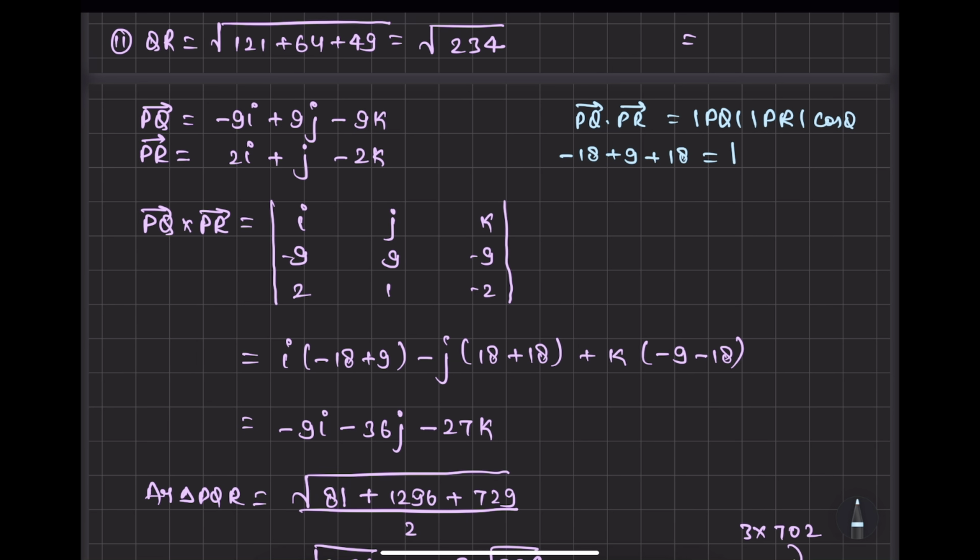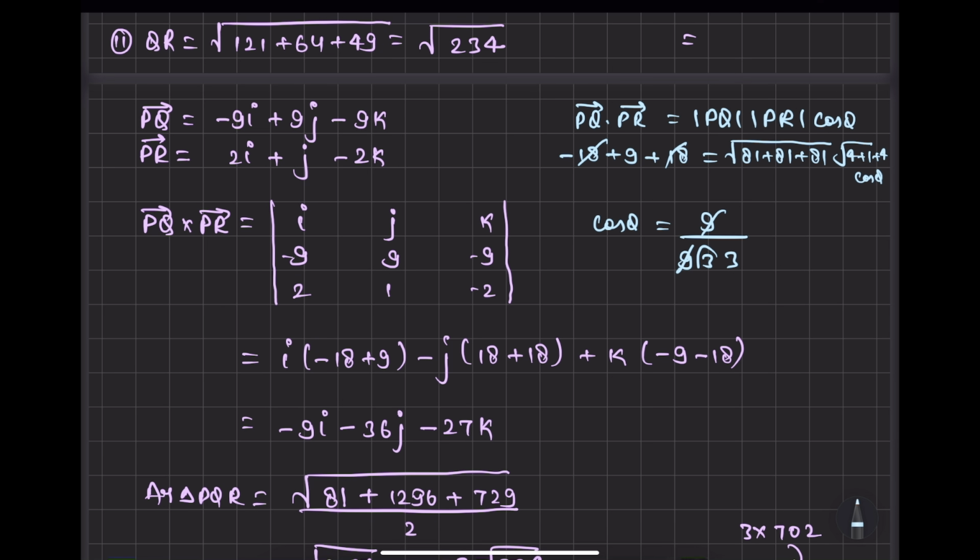Then mod PQ. Mod PQ is what? 81, 81, 81. Mod PR is 4, 1, 4, and then cos theta. So can I put cos theta as 9 by 9 root 3 and 3?